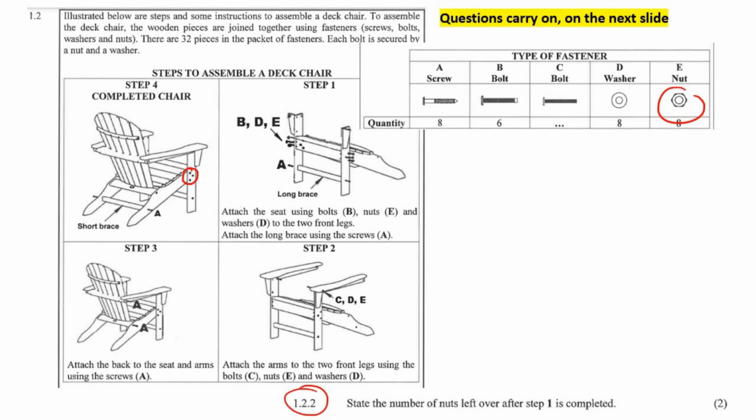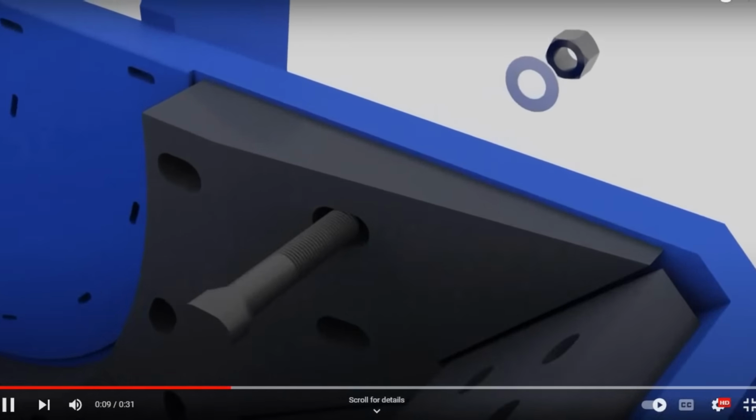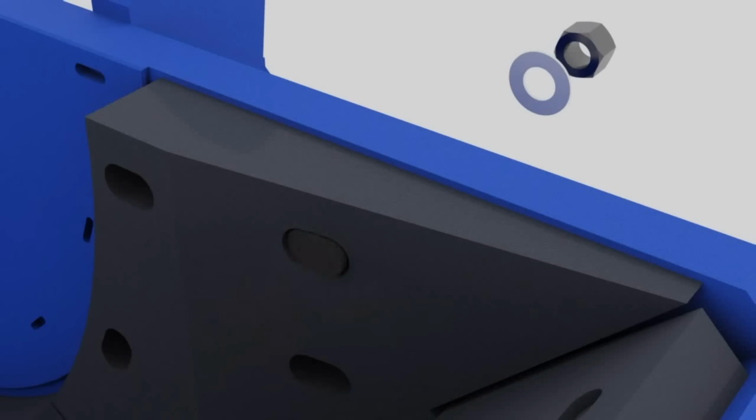You can see there's 3 holes there. So they're going to be using 3 bolts on either side. But I don't know if you've ever built anything before. When you use a bolt, then you also have to use a washer and a nut. So here's an animation. See, so there's the bolt.